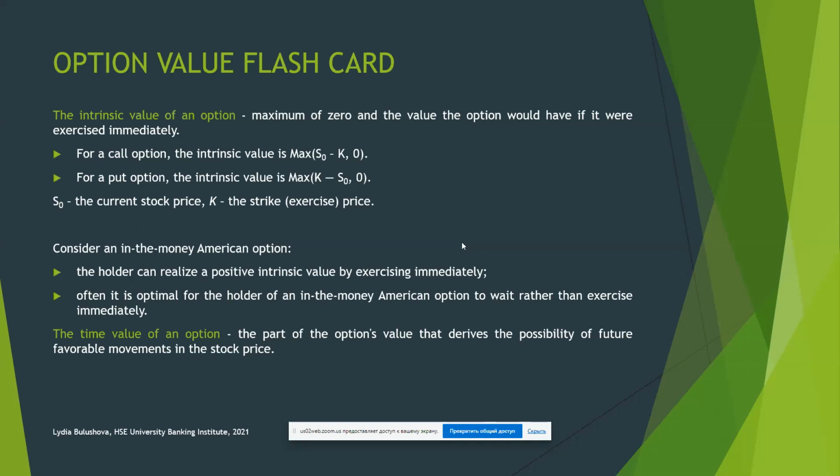If I have a European option, I can exercise this contract at the exercise date. That's my only opportunity to exercise the contract. I can sell it and get some money, but I cannot exercise it earlier.